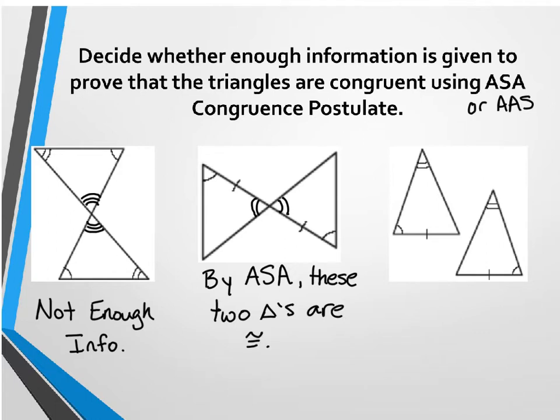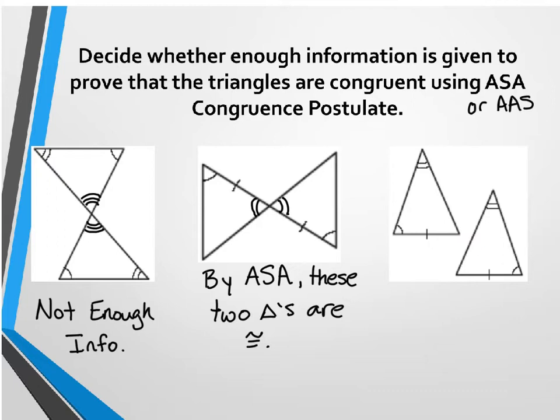There we go. Now let's look at this last one. We have two separate triangles here. We have a corresponding angle shown congruent here, and then two corresponding angles shown congruent here, and then a side.